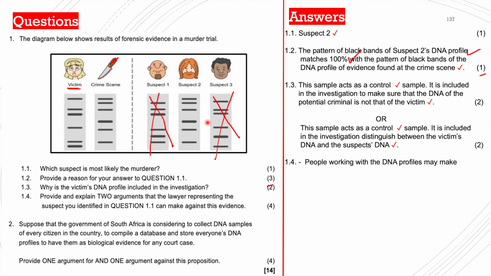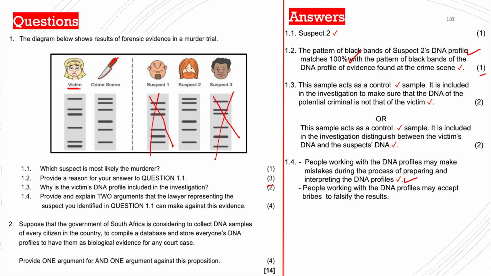the lawyer might argue, people working with DNA profiles may make mistakes during the process of preparing and interpreting the DNA profiles. It's supposed to be 2 marks. So 2 ticks there. Or they may argue, people working with DNA profiles may accept bribes to falsify the results.